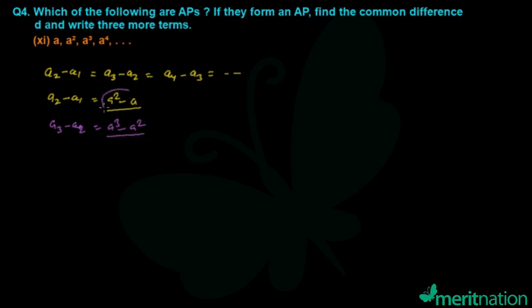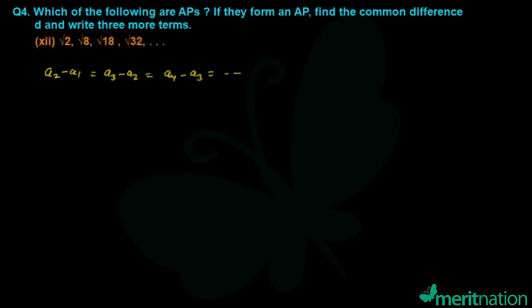Now we see that the differences are not the same in these two, so we don't need to find the difference of further terms. Since the two are not the same, we can say this is not an AP.